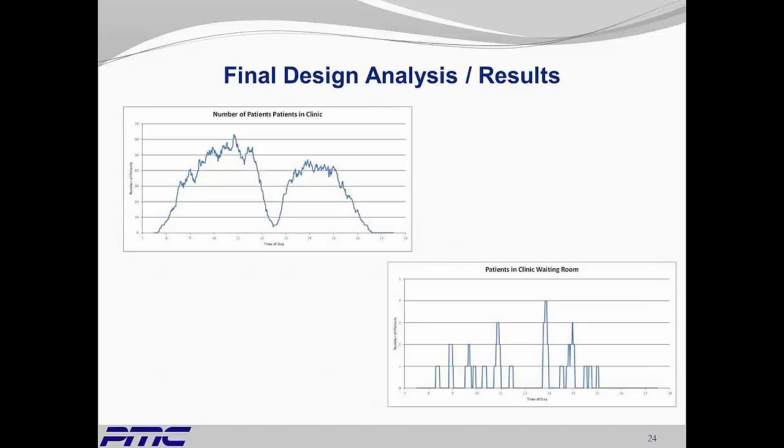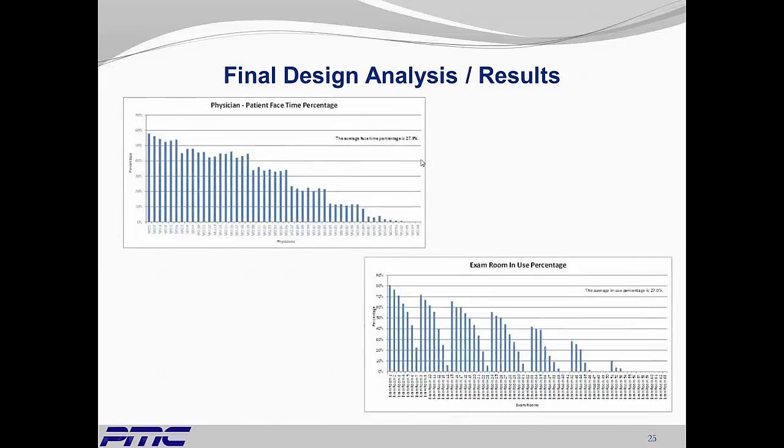Similar to the very first one, we check to see how many patients are in clinic at different times throughout the day, how many people are in the waiting room, how our utilizations are. These utilizations or in-use percentages are different from the first ones. They are not as uniform as they were.